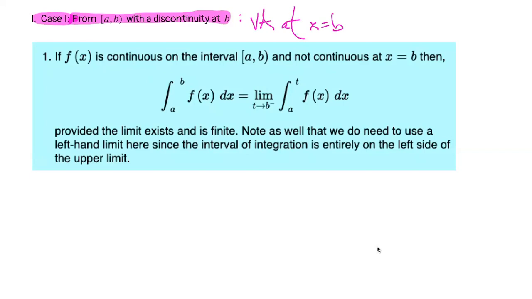If the function does not get close enough to that vertical asymptote fast enough, then it diverges. But if it does get close fast enough, then we can actually find an area, okay?